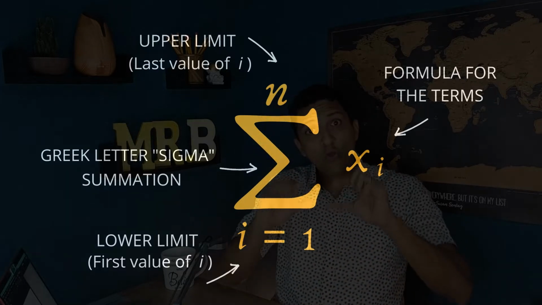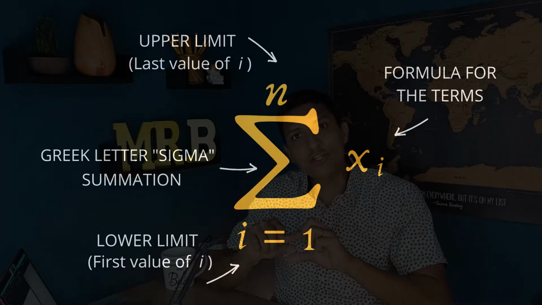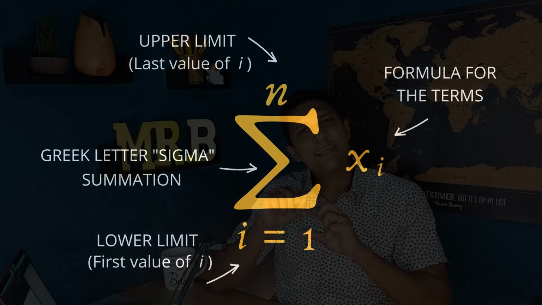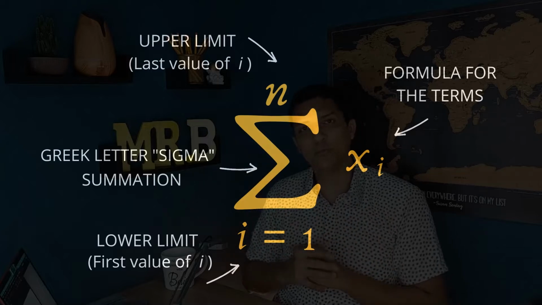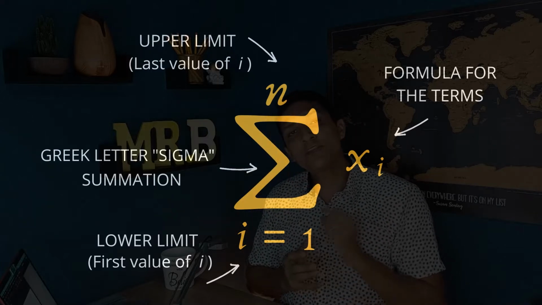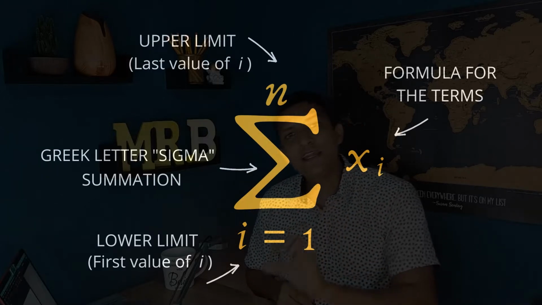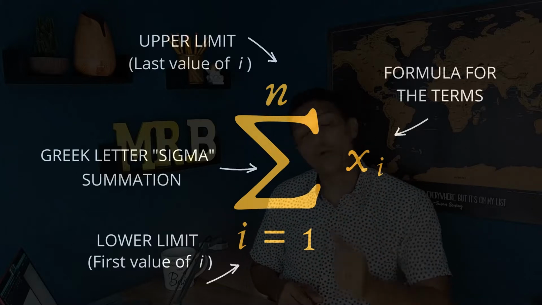Always you're going to have an initial value, which is going to be indicated below the sigma symbol. As I said, it is the initial value we're going to start working with.